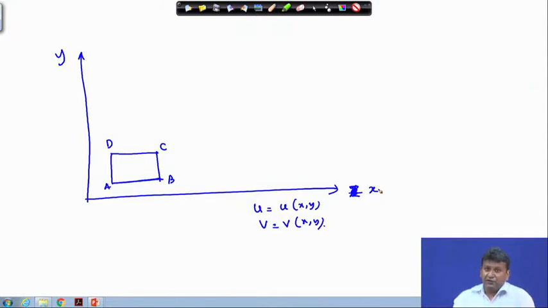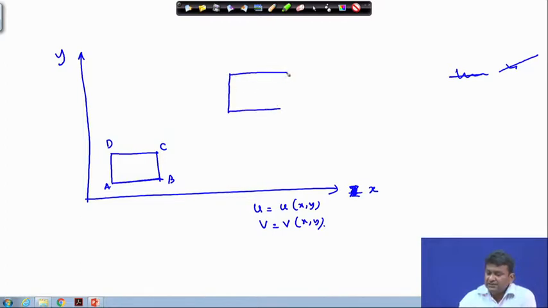Therefore, if we assume that the y component velocity at B is higher than that of A, the line which was initially like this is going to rotate or turn a little bit. We all know that after time delta t, please refer to the handout, this is how the element is going to look like, right?